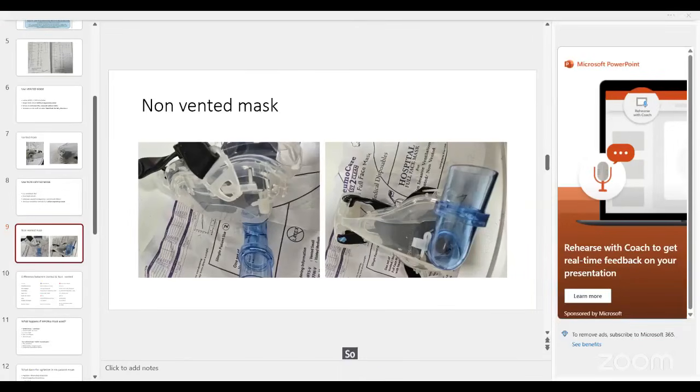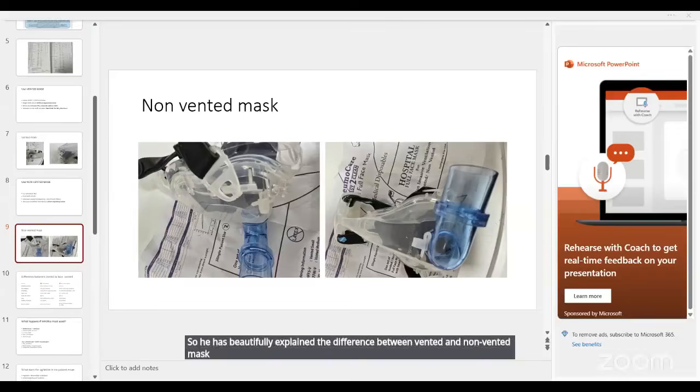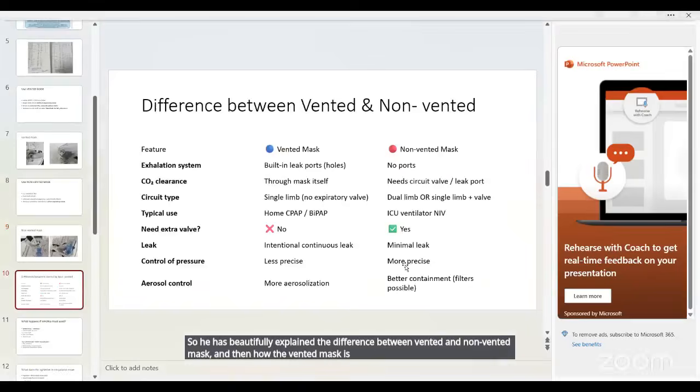He has beautifully explained the difference between vented and non-vented masks, how the vented mask is beneficial, and what the side effects of vented and non-vented masks are. These days manufacturers have made it foolproof.